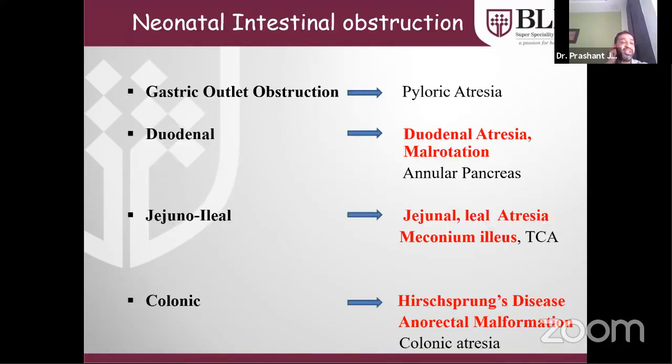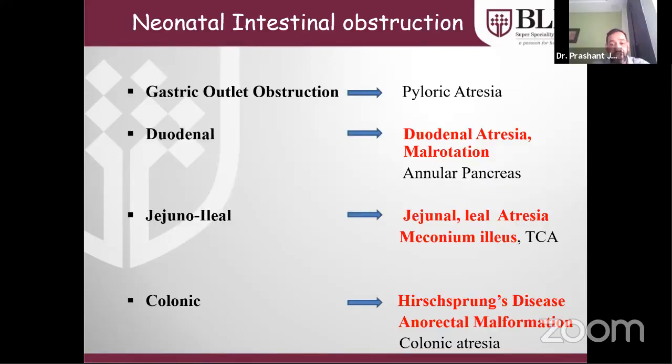Now, before proceeding to the description of the various X-rays, it is important that we should have the differential diagnosis in our minds. When we are talking about neonatal intestinal obstruction, there could be various differential diagnoses. It can be obstruction at the level of the stomach due to pyloric atresia. It can be a duodenal obstruction because of duodenal atresia or malrotation and sometimes annular pancreas.